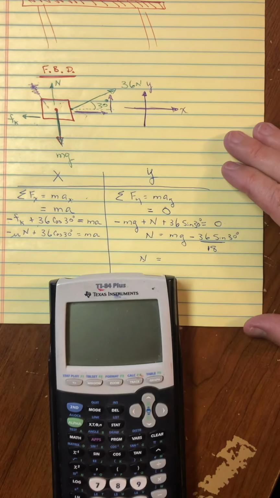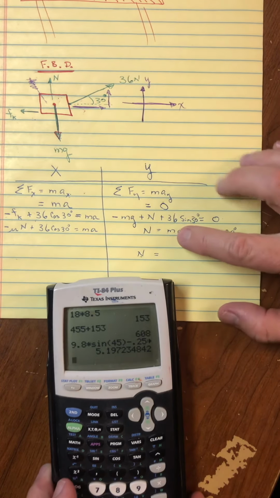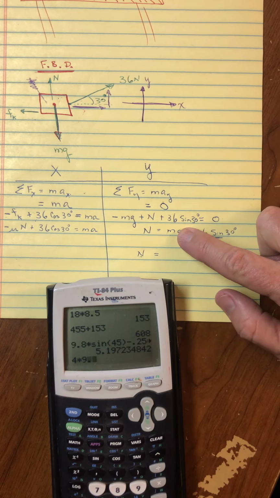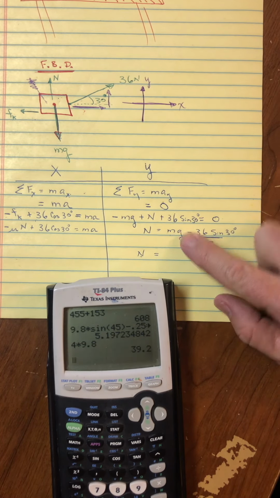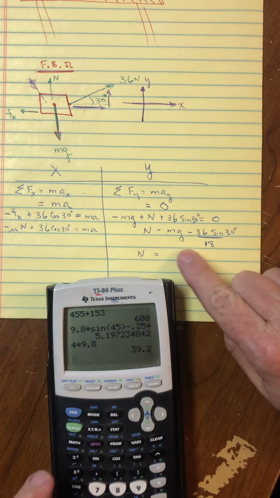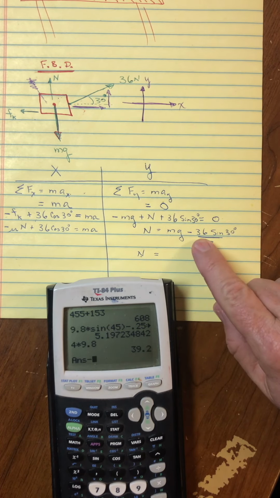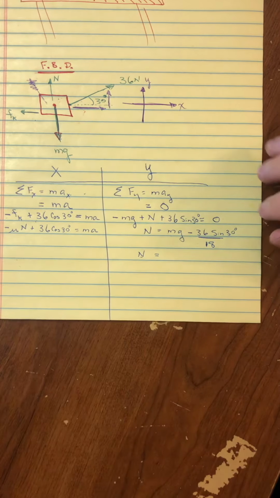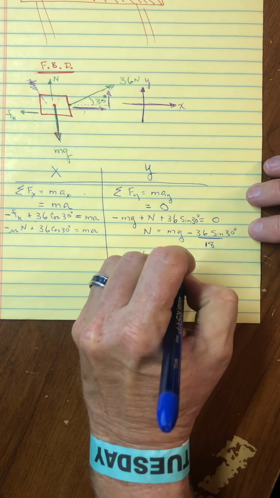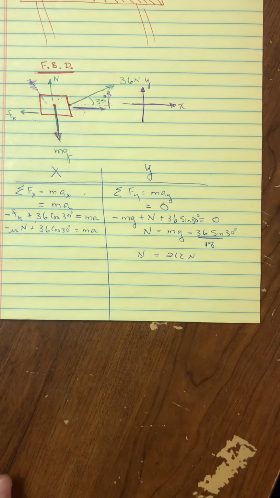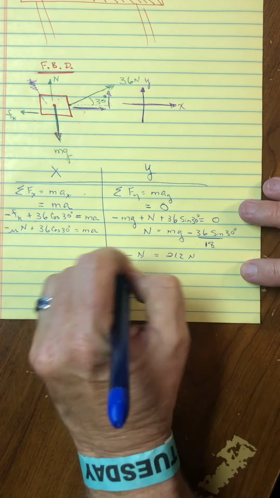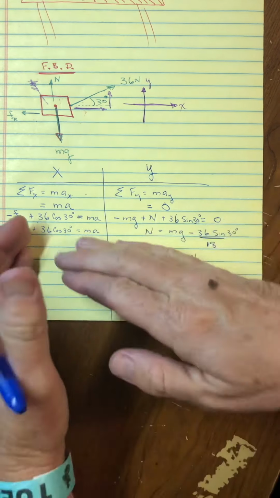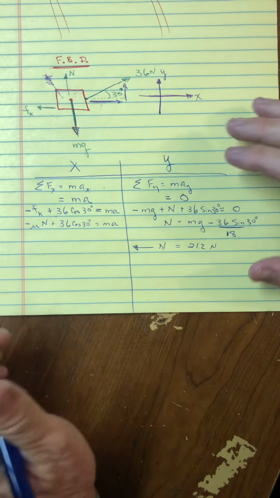Okay, so now I can get this normal force because the mass is the 4, and when we multiply it by 9.8, we get the 39.2. And then when we subtract off the 18, we get 21.2 newtons. Now we can use that back onto the x-axis.